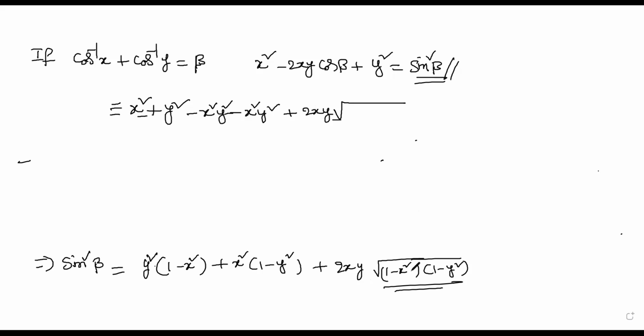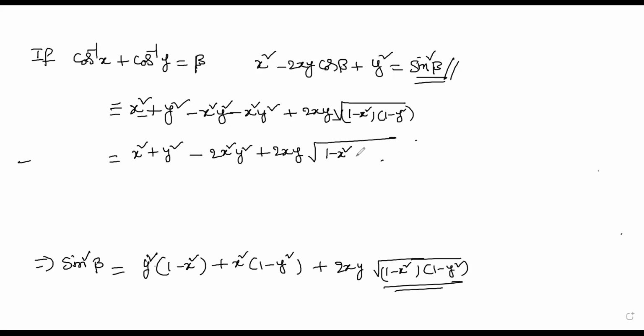Keep it as is: 1 minus x square into 1 minus y square. So x square plus y square, this becomes minus 2x square y square, plus 2xy into square root of 1 minus x square into 1 minus y square. Let's keep it like this.